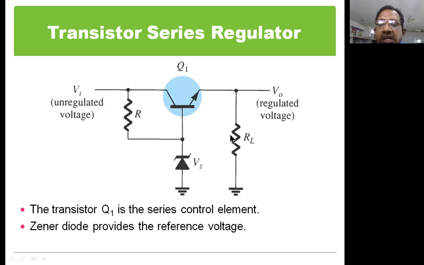That means the increase in V0 is compensated by the decrease in the current flowing through the transistor Q1, such that the resultant output voltage becomes constant or fixed.